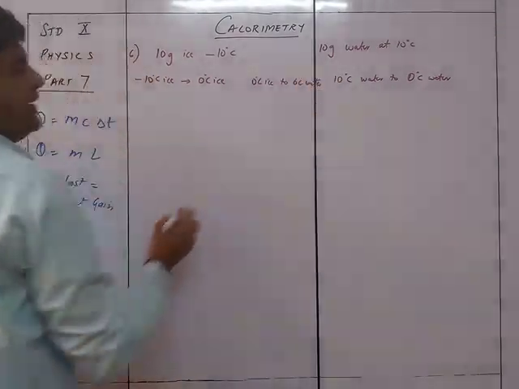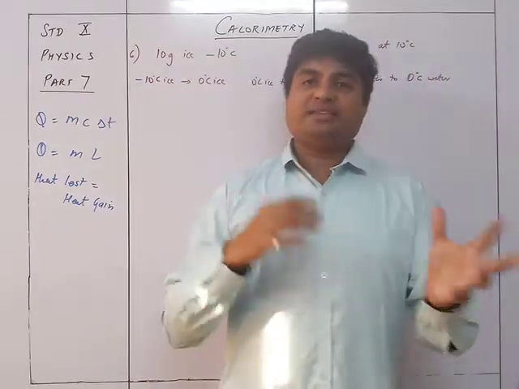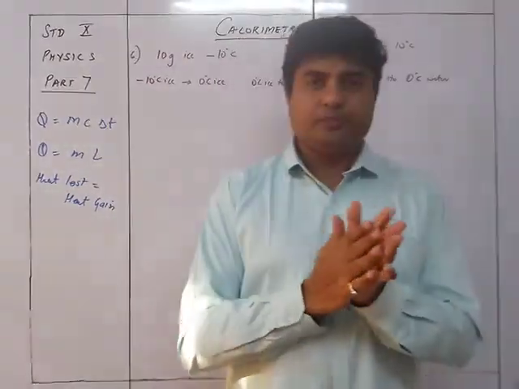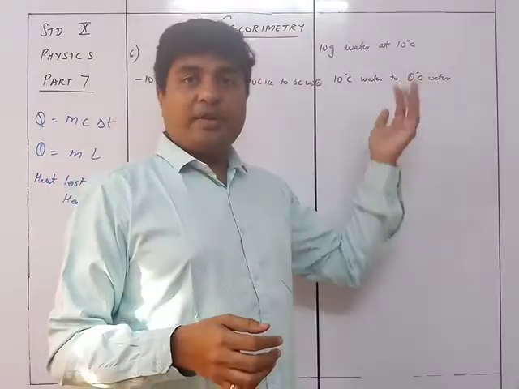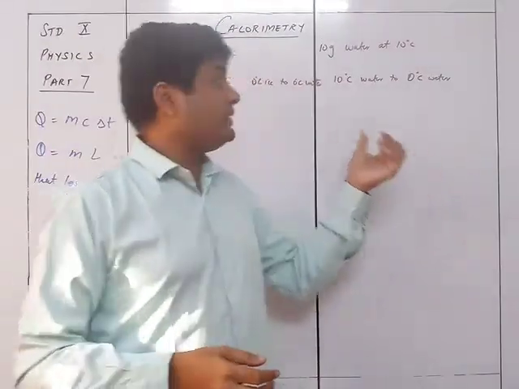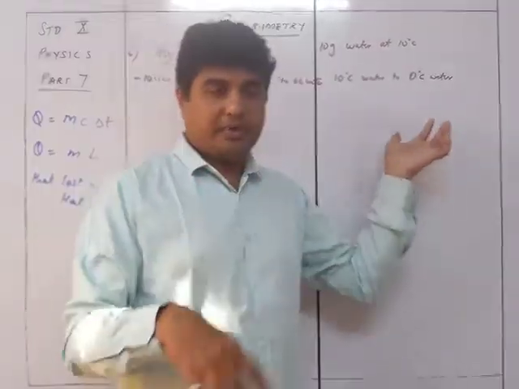Now, mainly what I don't know is what the condition is. Let's understand the conditions which are possible. One possibility: the water goes to 0 degrees and after that it will also freeze the ice.